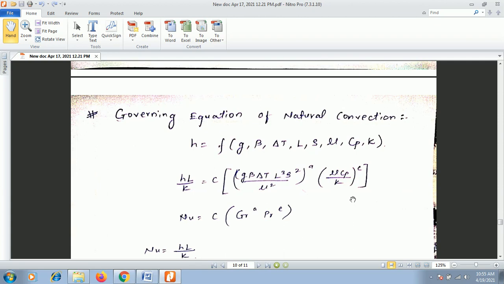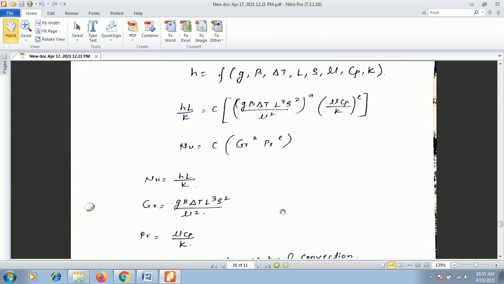So when the dimensional analysis is applied, we get Nu equal to C into Gr raised to a, Pr raised to e, where Gr is the Grashof number, Pr is the Prandtl number, and Nu is the Nusselt number.